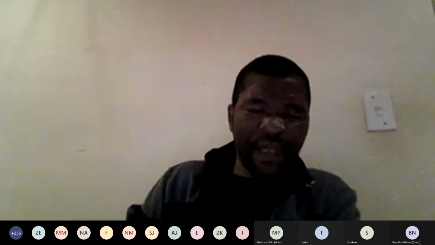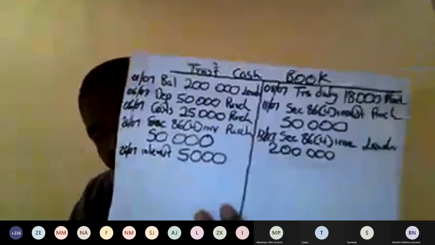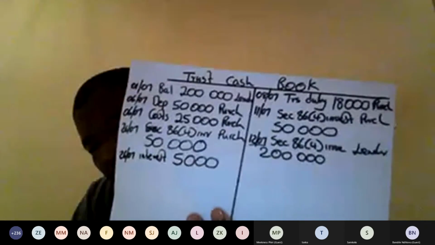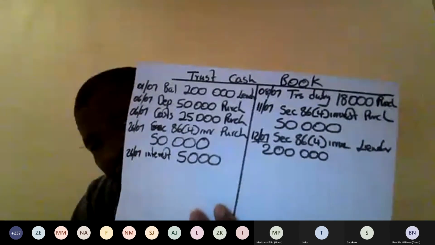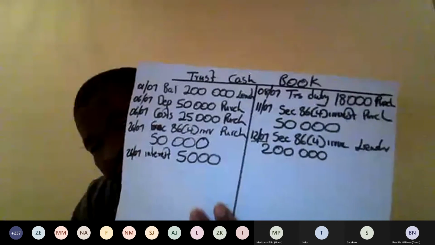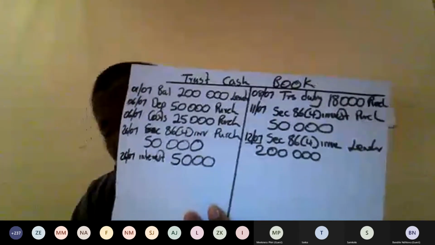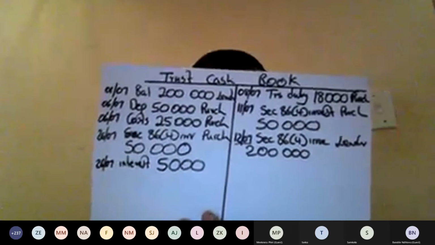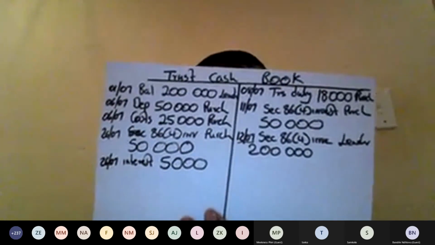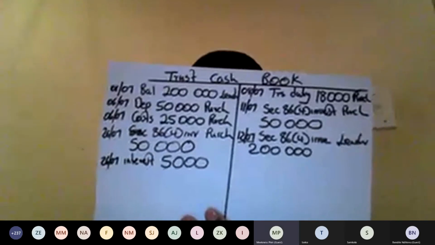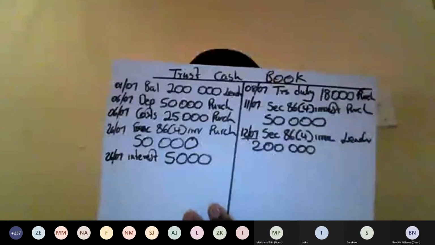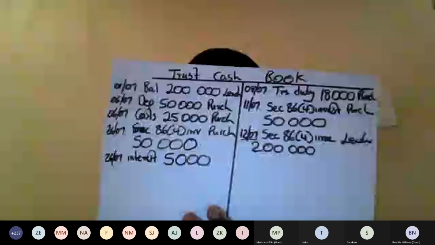You debit your trust cash book with that 5,000 rands, the interest. You are right. And when you debit it here, it simply means you are receiving that 5,000 rand interest in your trust cash book. Now, after receiving it in your trust cash book on the debit side, what do you do with that 5,000 rands?